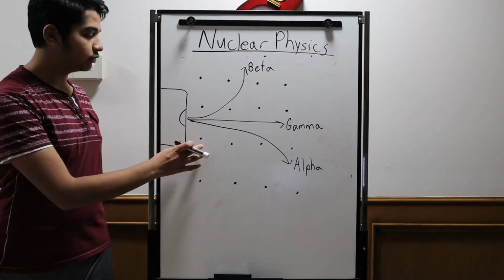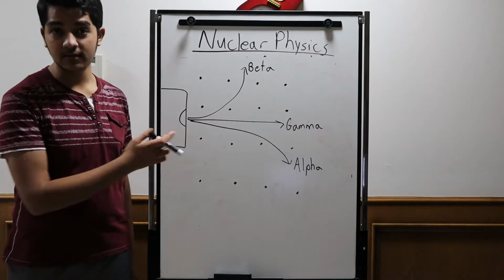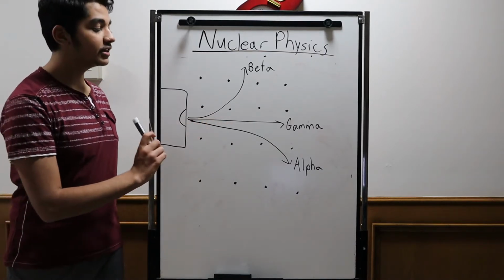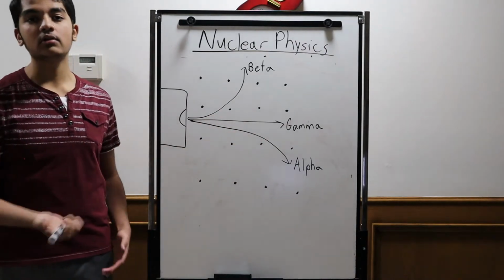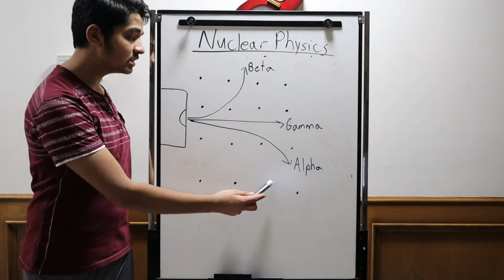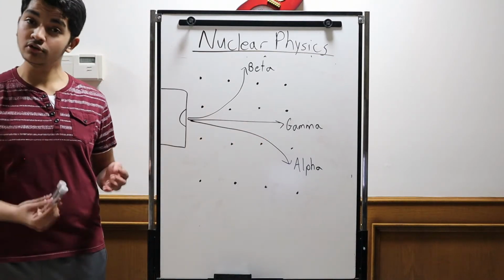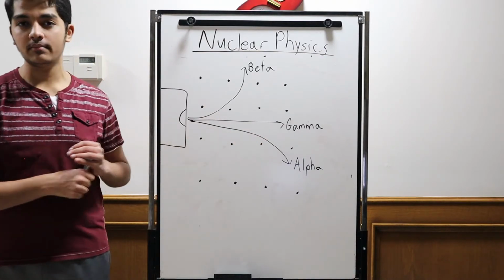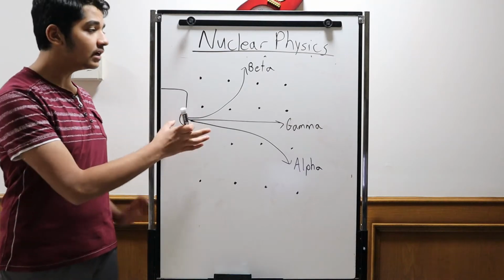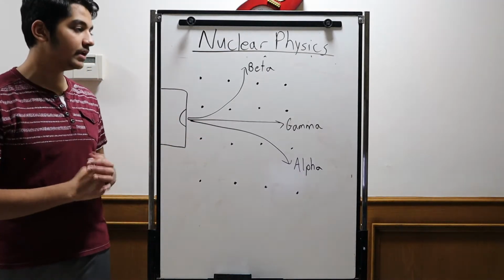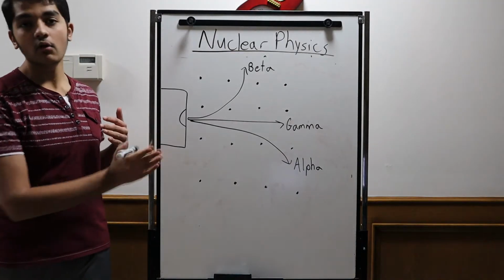If you use your hand rule and you see the magnetic field is pointing out of the page, and you know the velocity of the particle, then you can determine what type of particle it is. So this one he determined to be positive. The gamma ray, he determined that it's going to be neutral because it wasn't affected by the magnetic field at all. And the beta particle, he assumed that it was negative because the magnetic field made it go up.